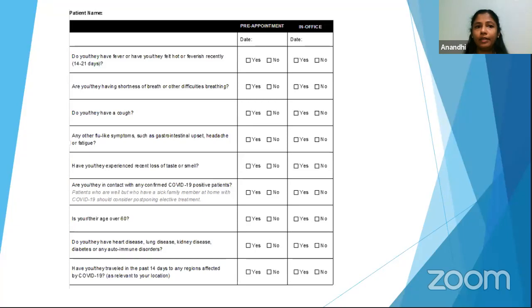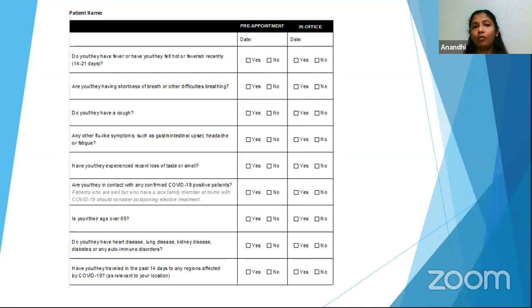Do they have fever, shortness of breath, cough, headache, loss of taste or smell, and are they in contact with someone who was COVID-19 positive? We also ask if their age is over 60, and if they have any lung disease, kidney disease, immune disorders, and if they have traveled in the last 14 days to a region affected with COVID-19. So we ask all these questions.